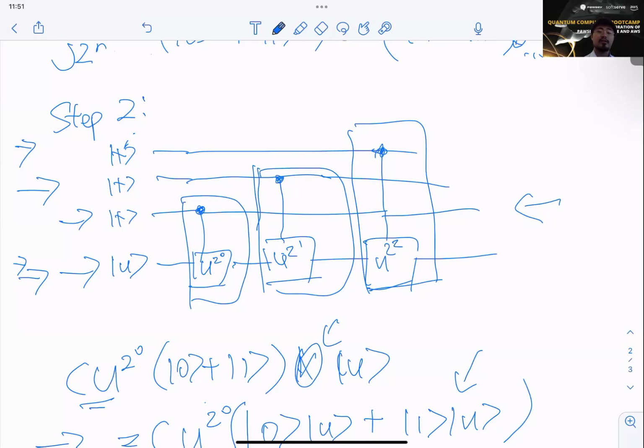However, in this case, the target qubit is the one that is left unchanged, while the control qubit is the one that changes. This is a phenomenon known as phase kickback.